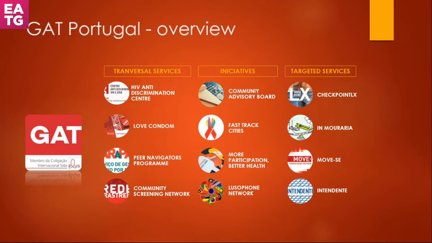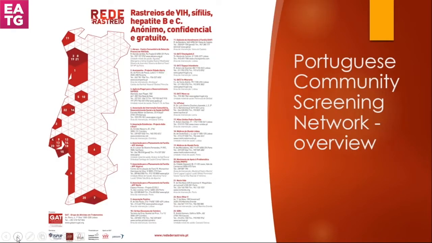This presentation is within the scope of the Portuguese Community Screening Network. The Portuguese Community Screening Network is a network of NGOs that are targeted to at least one priority group, where the HIV, HCV, HPV, and syphilis epidemics are concentrated.